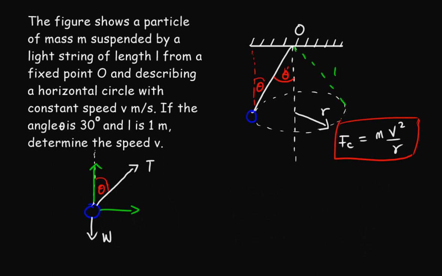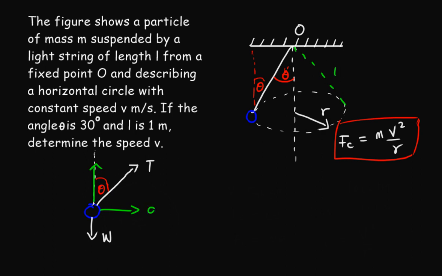Okay, and then we know that the question says that the particle is describing a horizontal circular path. Which means that its motion is in the horizontal direction. So that means that the acceleration will be in the horizontal direction.